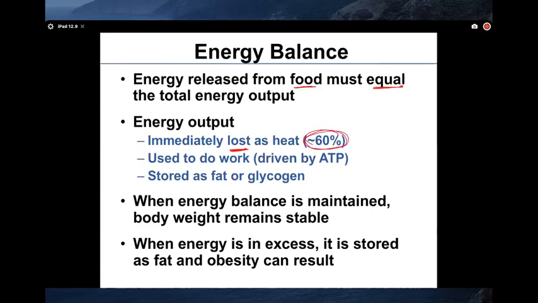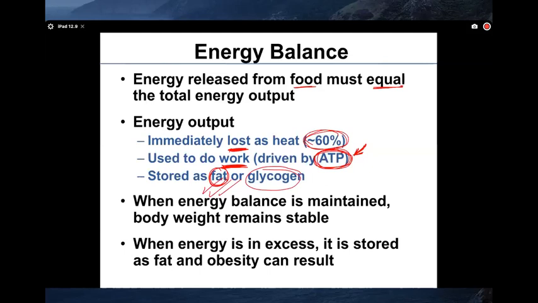We have the actual work that we are going to be producing, and this is going to be mediated by ATPs. And any extra energy intake that you will not be using to work and will not be lost as heat is going to be stored in the form of fat and glycogen. But mainly, remember, mainly fat. It's much easier for your body to build up fat than to build up glycogen.